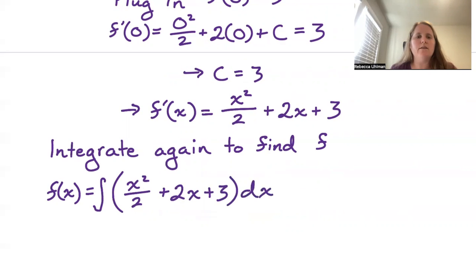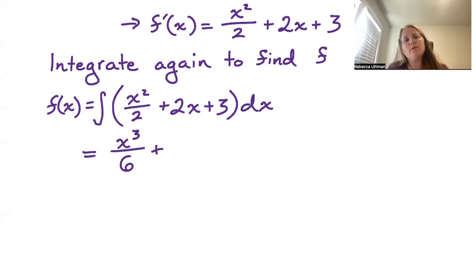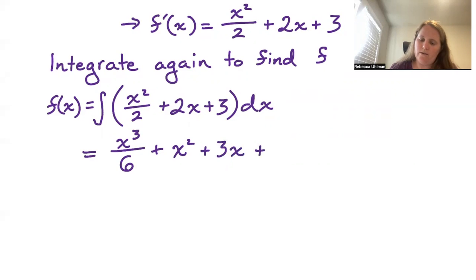Again, applying the power rule, x squared over 2 goes to x cubed over 6. x goes to x squared over 2, so 2x just goes to x squared. And we have plus 3x plus another c. I'll just call it c1.